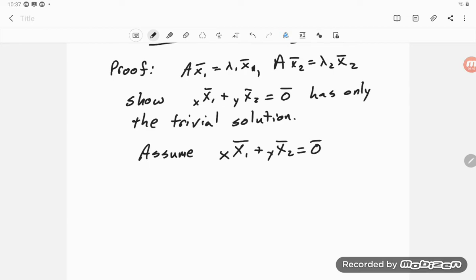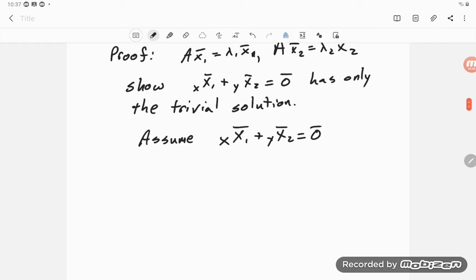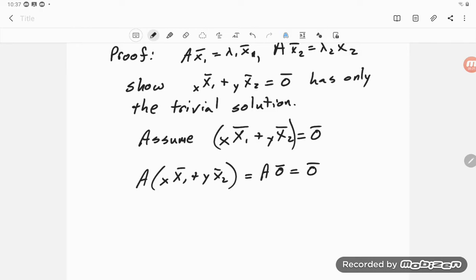Okay, so we assume that this thing is equal to 0. We have some x and some y such that it equals 0. Now, if that's the case, then certainly A times that vector, since it's the zero vector, is going to give you the zero vector. So we multiply that. That is A times the zero vector, which is the zero vector.